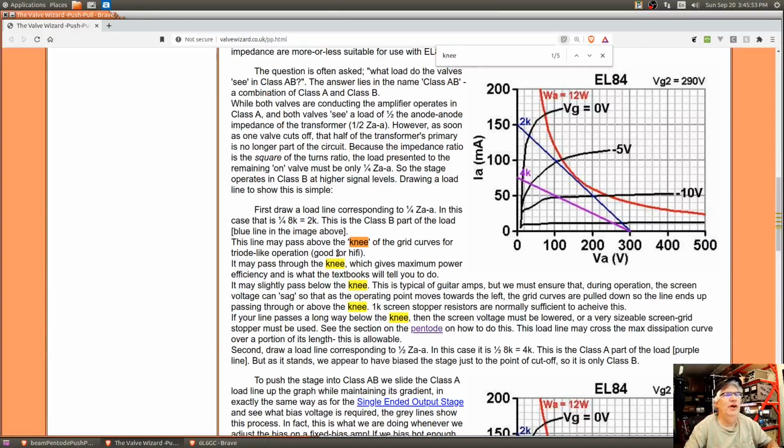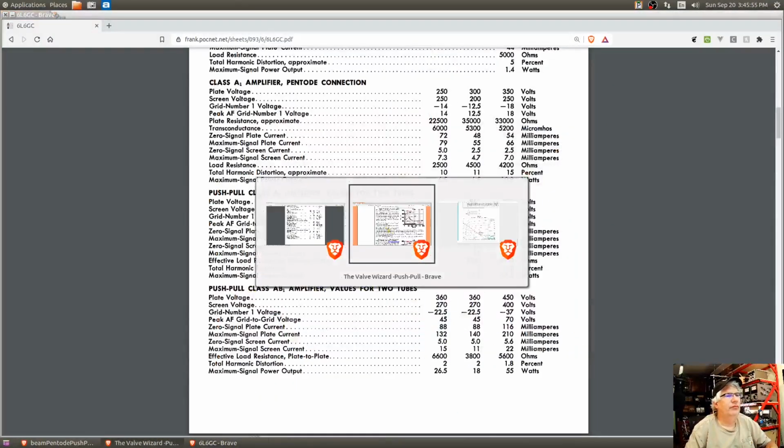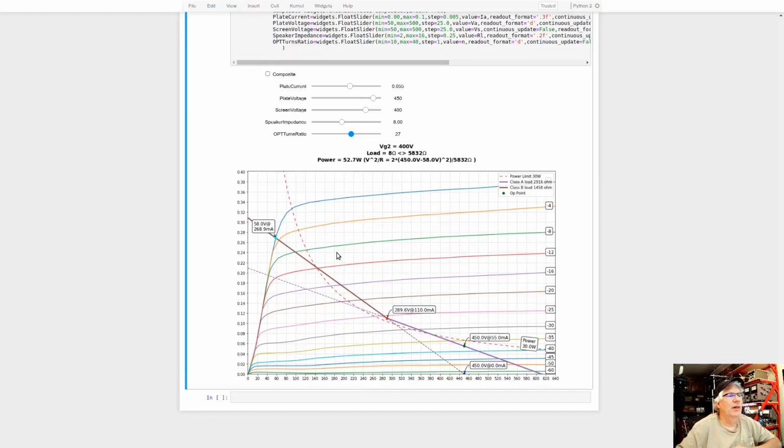It's good for hi-fi because, where'd my graph go? See how much space is between these lines? Right here. If we were above the knee, this is actually fairly linear up in here, which means that the space between the lines is about the same. So that means that we're kind of linear.